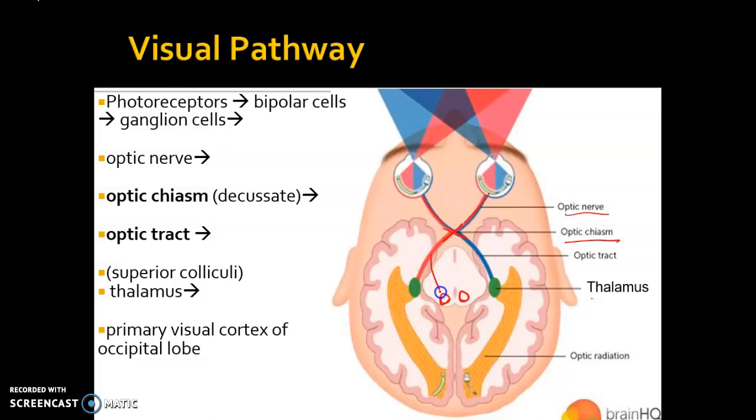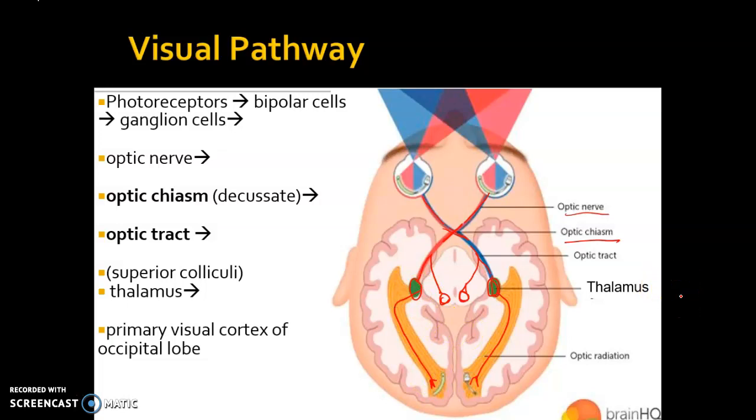And some axons go to the green spot here, and that's the lateral geniculate nucleus of the thalamus. And then from the thalamus, information goes to the primary visual cortex of the occipital lobe of the brain.